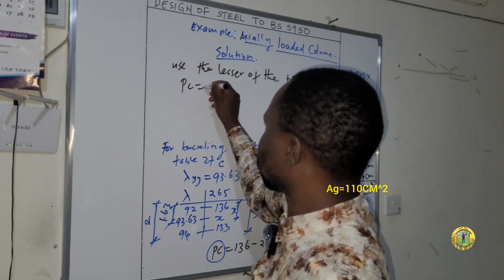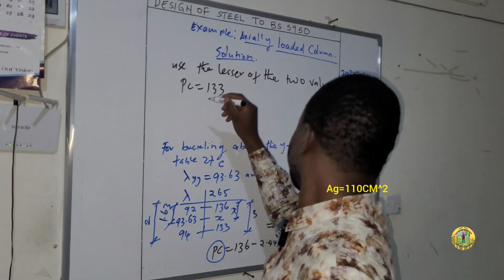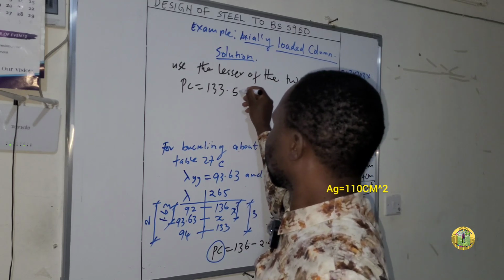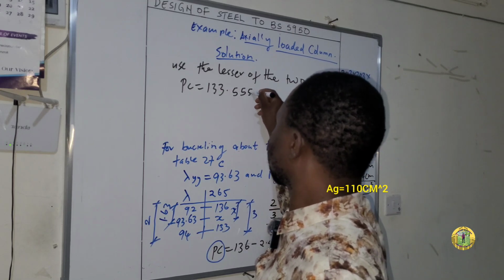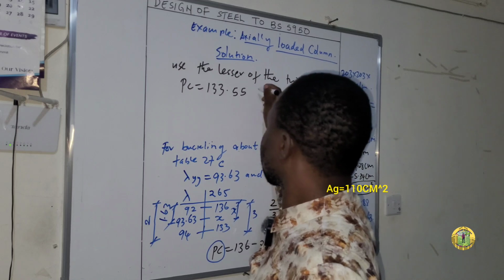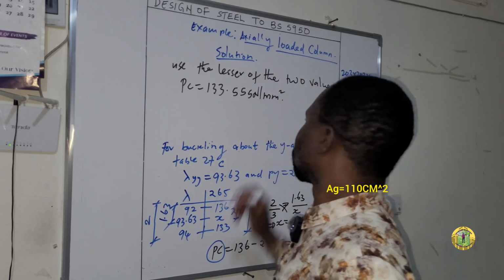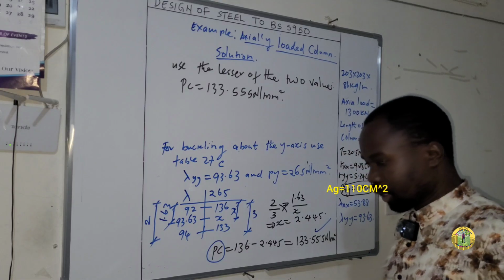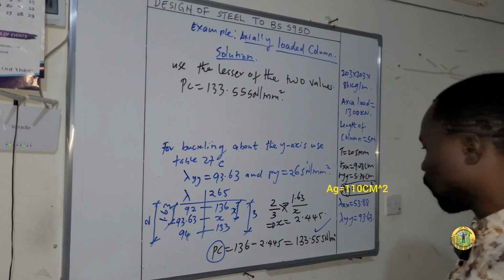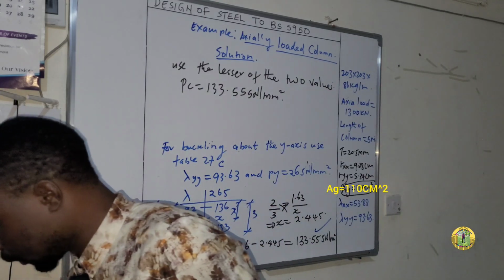So Pc is equal to 133.555 Newton per millimeter square. Now we can calculate our compression resistance.